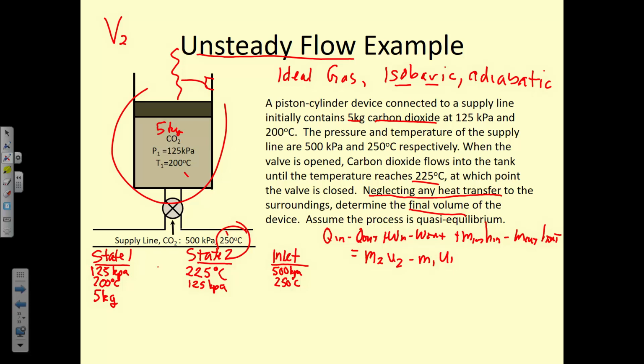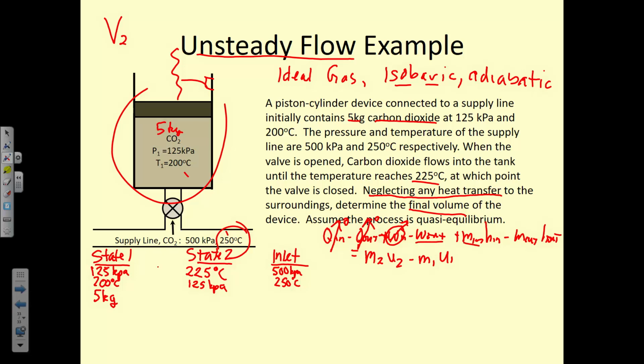Okay, so let's start canceling out terms. Do we have any heat transfer? No. So Q in and Q out are both 0. What about any work in? No work in. What about work out? Yes, we're going to have boundary work.